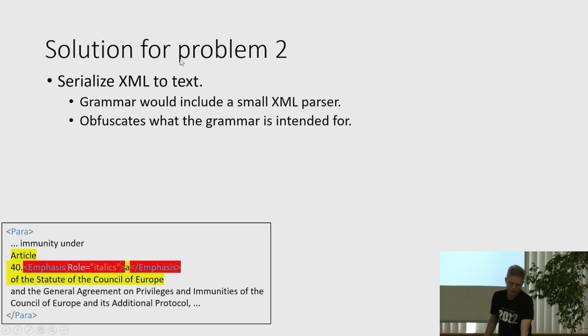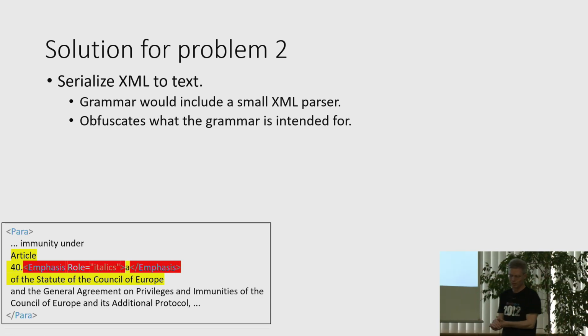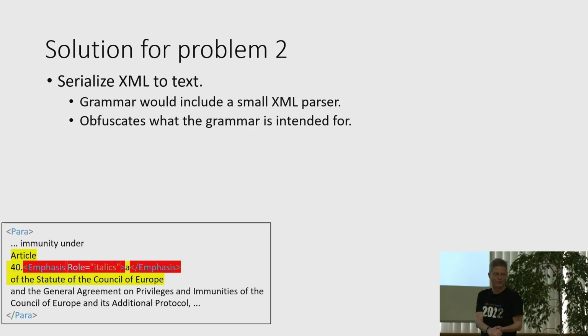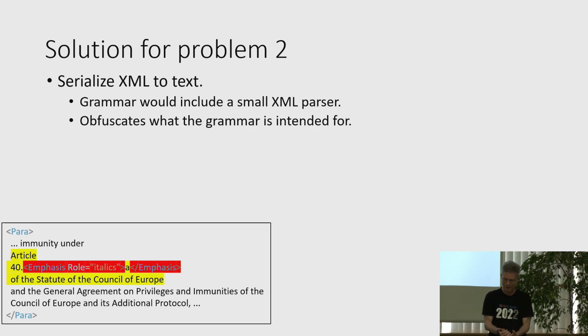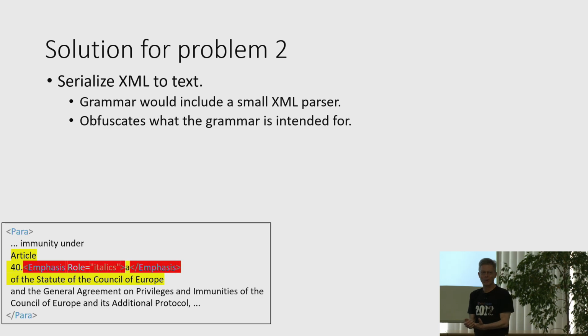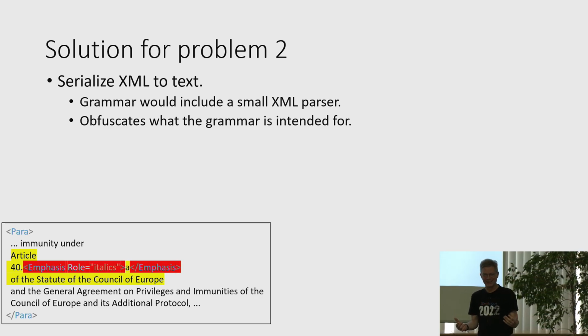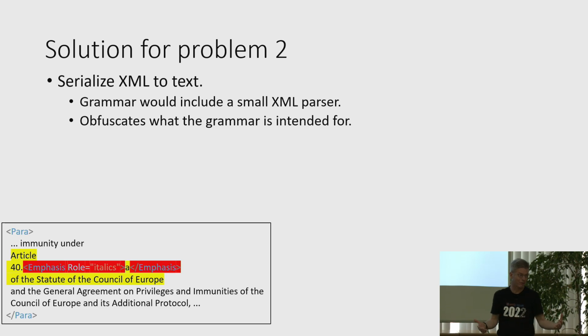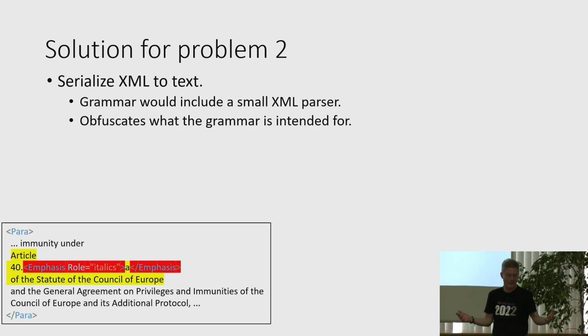So one solution, which we actually did in the previous phase of the project, is to serialize the whole thing to text. So we get a serialized version of the XML document, and then to have a small XML parser in our grammar. Actually, sometimes it takes up most of the grammar if you want to do it correctly. And again, this obfuscates what the grammar is intended for.